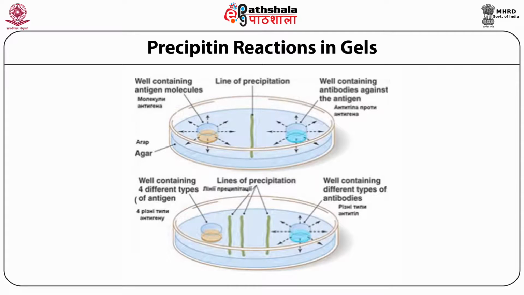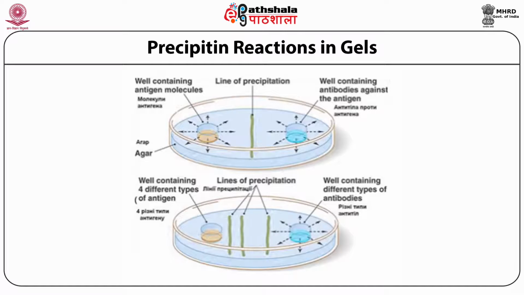Wells containing antigen molecules and wells containing antibodies against the antigen are created. Antigen and antibody molecules can diffuse through the semi-solid agar gel and give a precipitin reaction at a point where their relative concentrations fall in the equivalence zone.